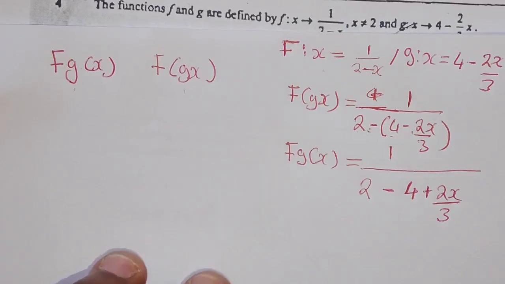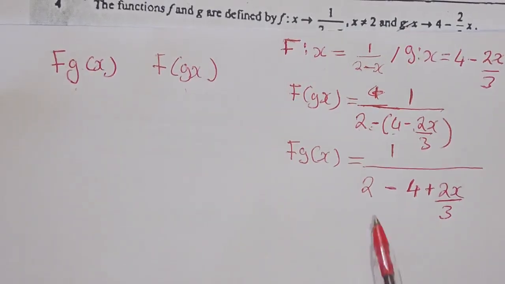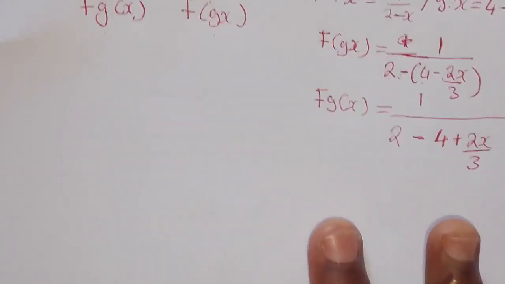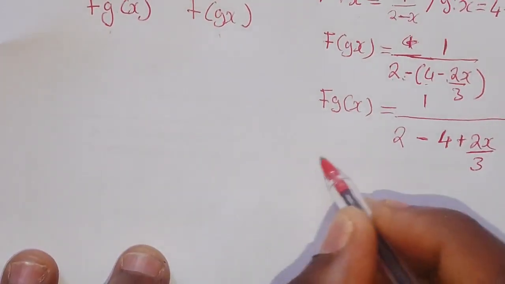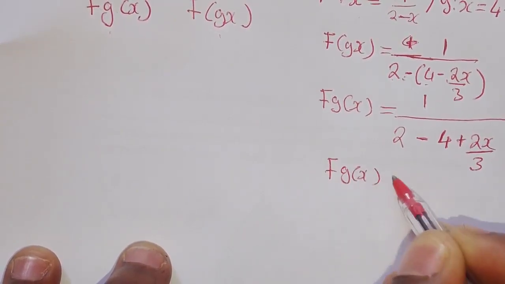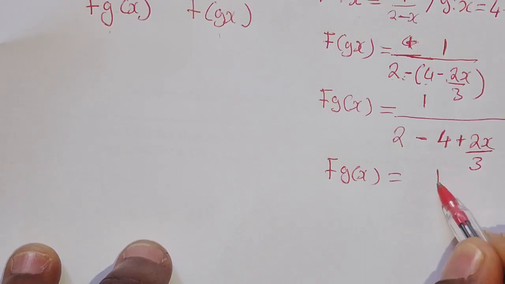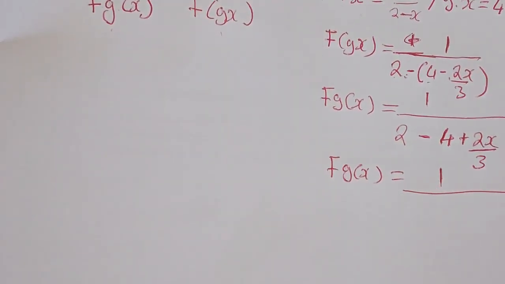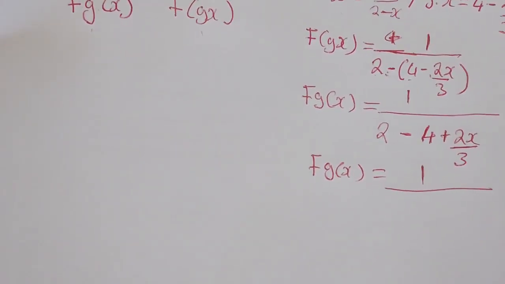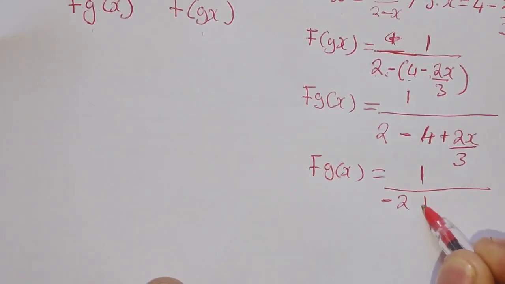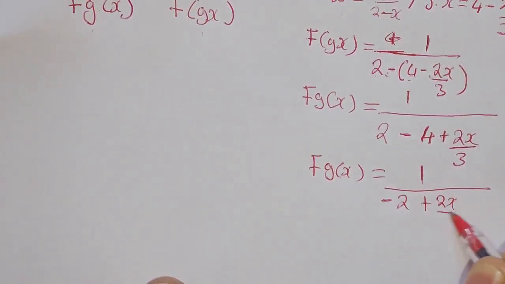Then 2 and negative 4 are like terms, so we can subtract. Don't forget your 1 over. 2 minus 4 gives you negative 2 plus 2x over 3.